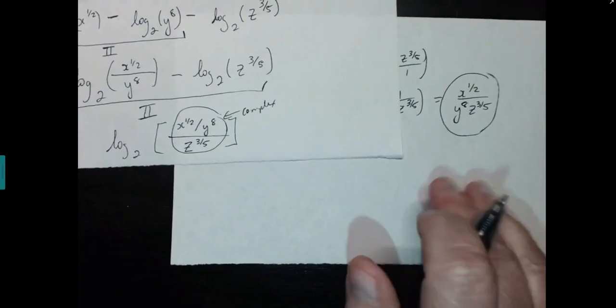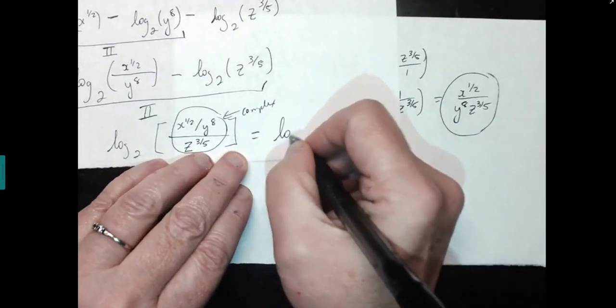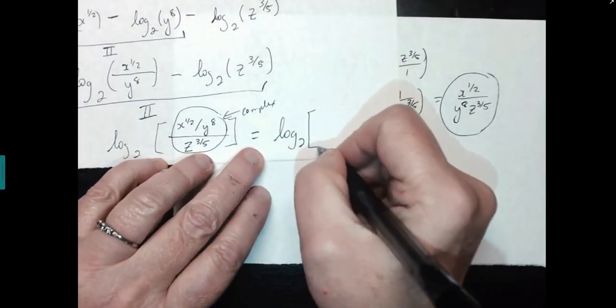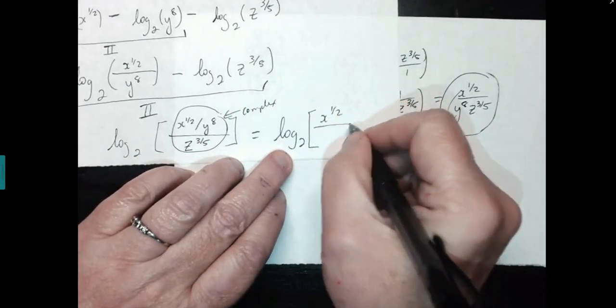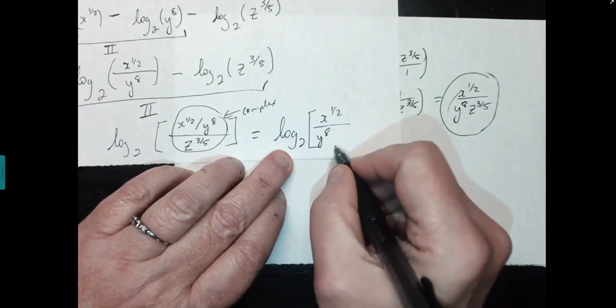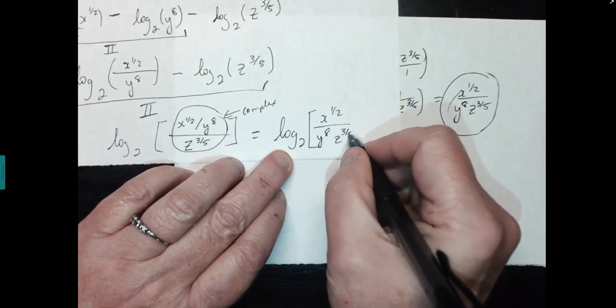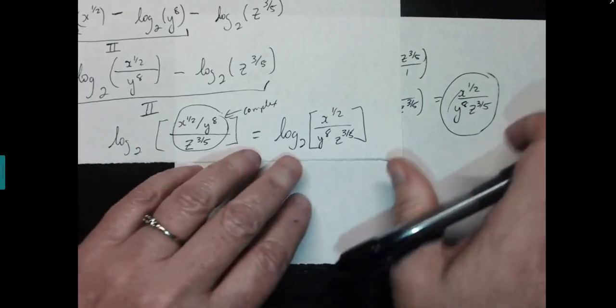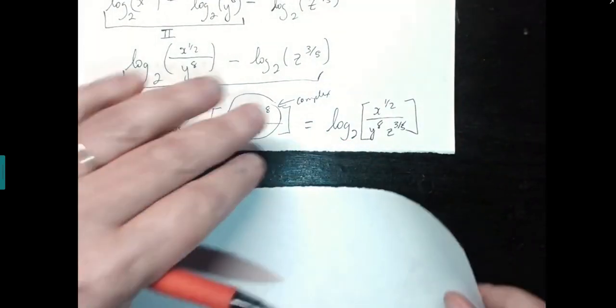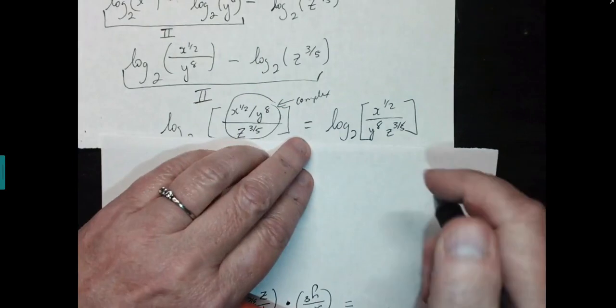So if I get back to here, I'll have x to the 1/2 all over y to the 8th and z to the 3/5. Now this is a correct answer, but the fraction isn't simplified. Lots of times the books or multiple choice questions put it in radical form.